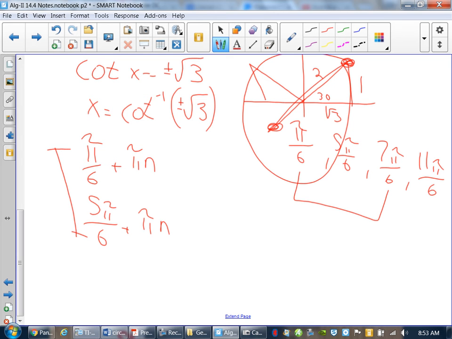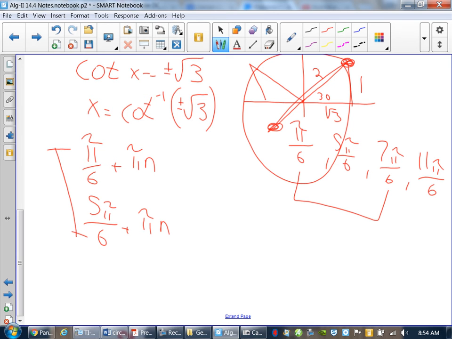I'm confused because I get what the pi n means, but it just doesn't make sense. To go from 1 pi over 6 to 7 pi over 6, how much did you add? Well, you're adding one pi. That's the kick. When you write out your solutions within one revolution, you check to see whether there is some commonality between those values.